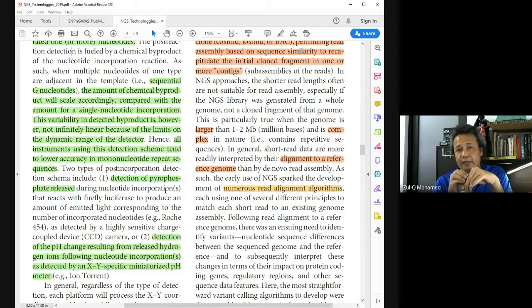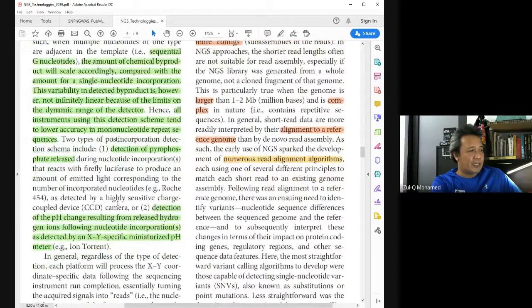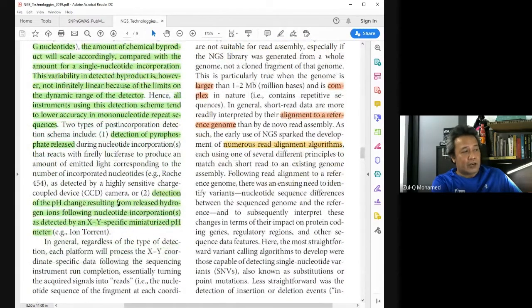Beta and gamma are kicked out, and this is called the pyrophosphate. So the Roche system detects the pyrophosphate. Secondly, you have the detection of pH change resulting from released hydrogen ions following nucleotide incorporation. That one is by Ion Torrent.